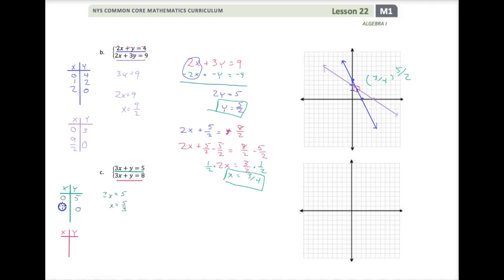Okay, don't love it, but it's life. 5/3 is between 1, which is 3/3, and 2, which is 6/3. So it's somewhere right about here, and that's where we're going to put our point.